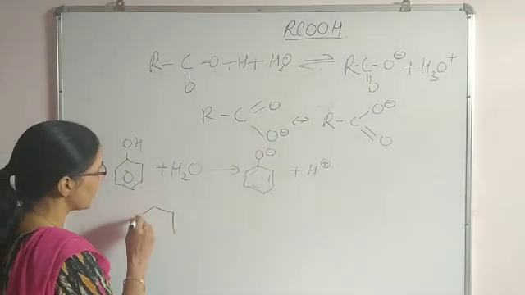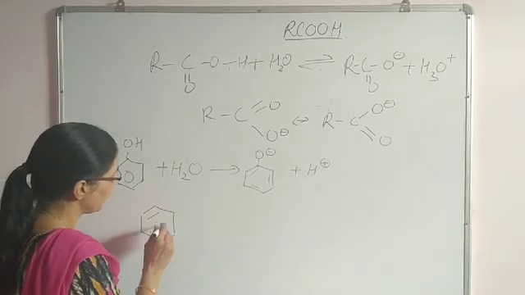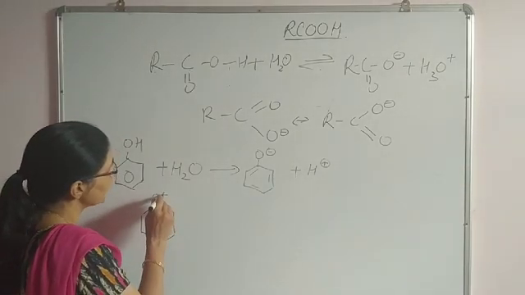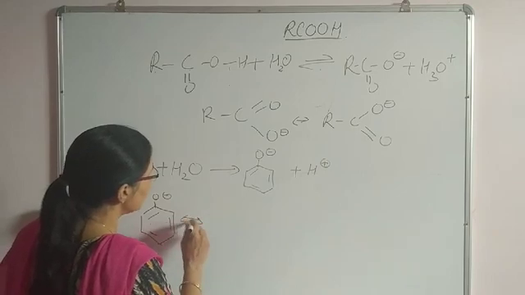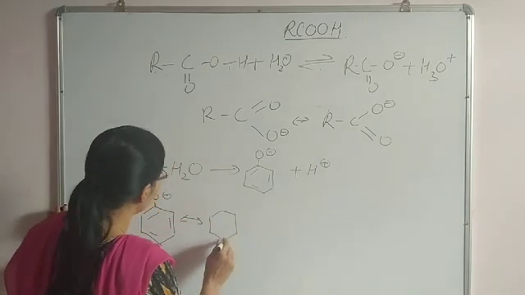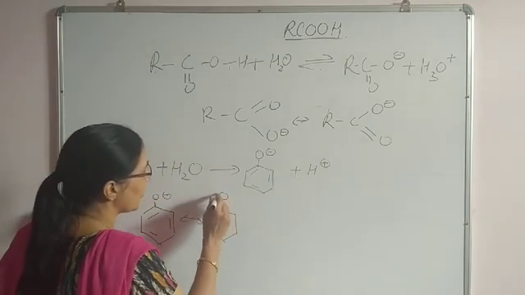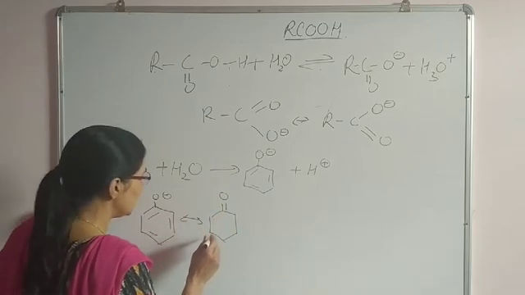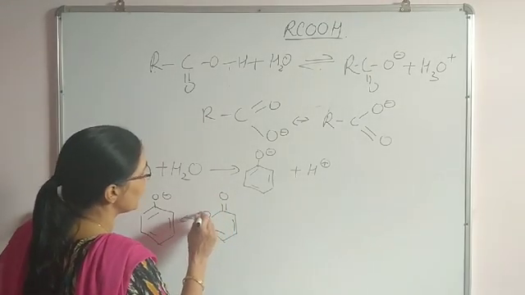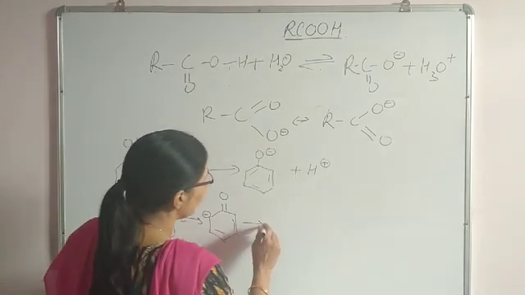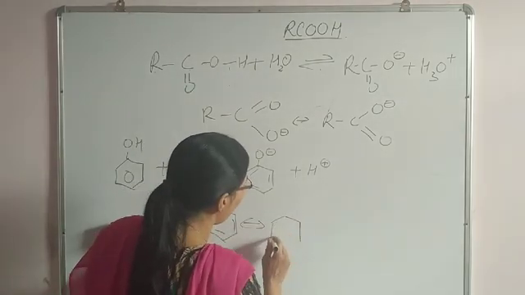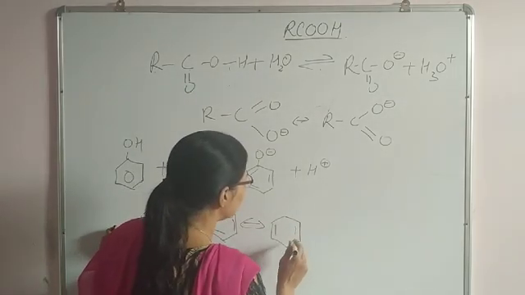So for the phenoxide ion, with O minus, this negative charge will rotate. There will be formation of a double-bonded oxygen and this negative charge will be over this carbon atom. In the same manner, all five structures will form.